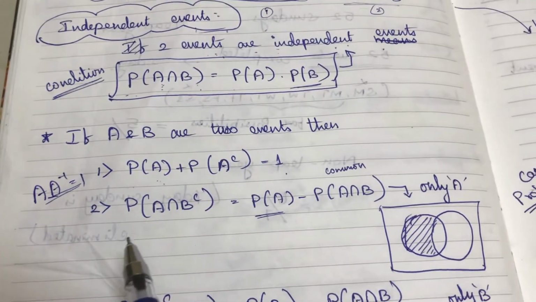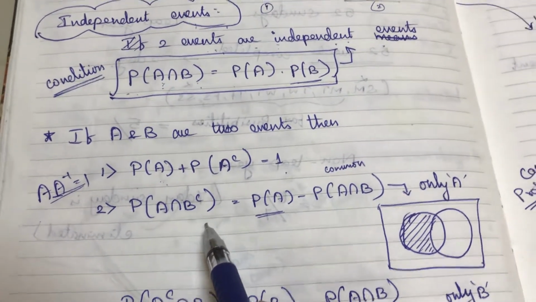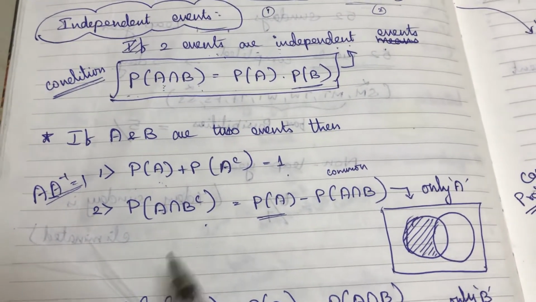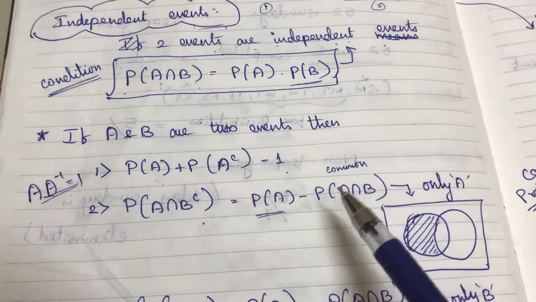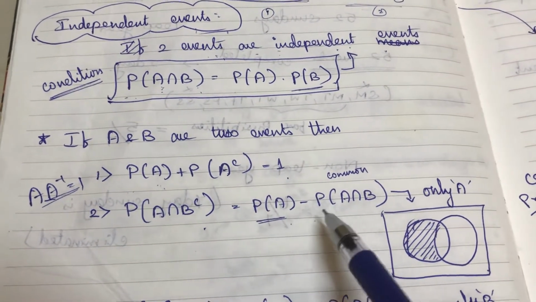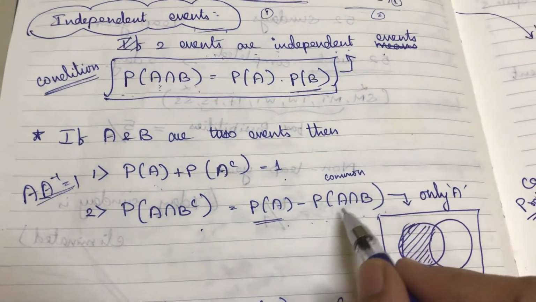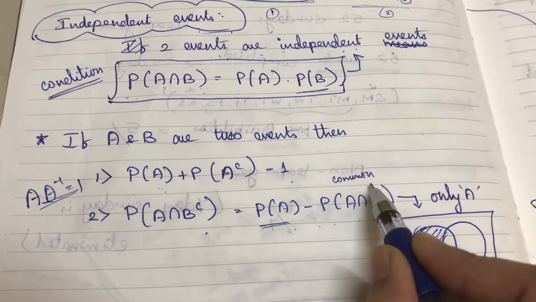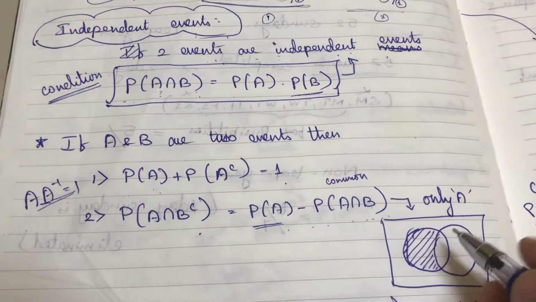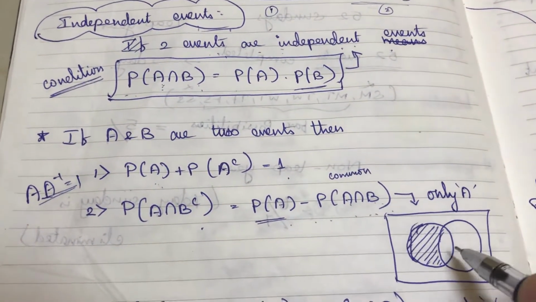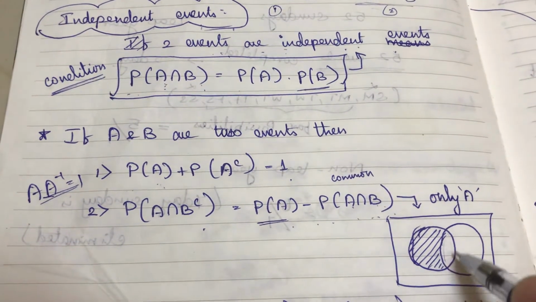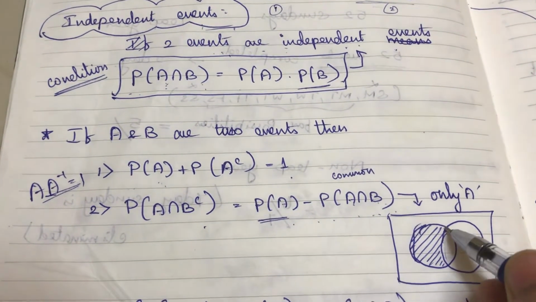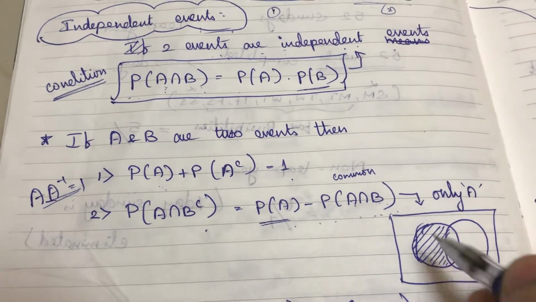Next thing, P of A and B complement. This will be written as P of A minus P of A and B. A and B means I need to remove the common thing here. What is the common thing here? A and B means this part, the common thing. So I need to remove the common thing, and I will get only the A values.